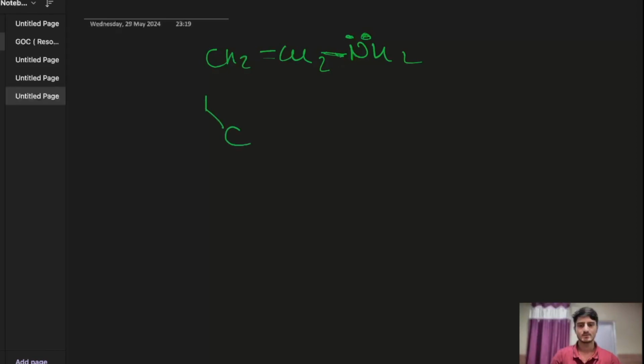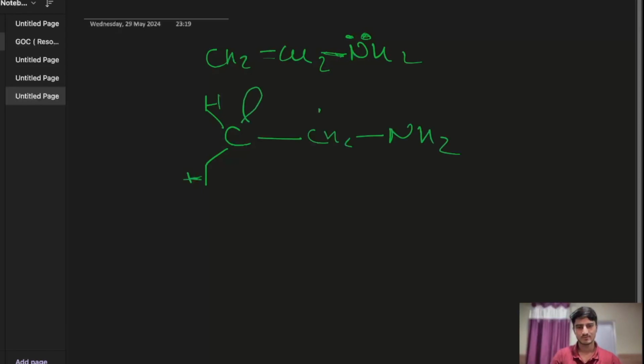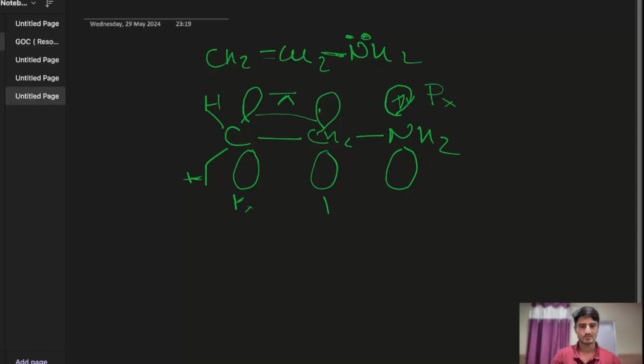So these two hydrogens are present at carbon, as we know, pi bond is formed by sidewise overlapping. So these two p orbitals are forming a pi bond, clear? And the lone pair is present in, let us suppose, a px orbital, and these two orbitals should be px because these are forming a pi bond.